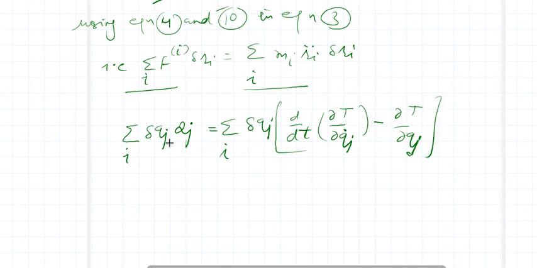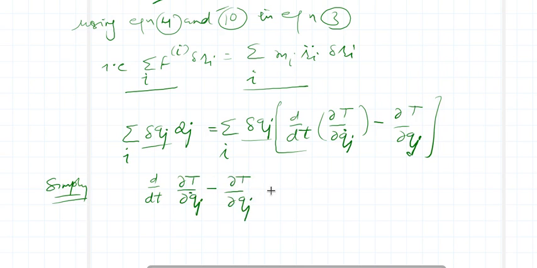Since it is independent of j, I can skip these terms. So simply I can write that d over dt of ∂T/∂q_j dot minus ∂T/∂q_j must be equal to Q_j.